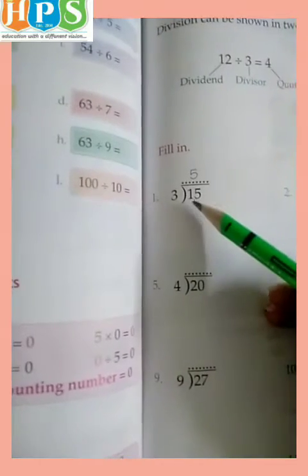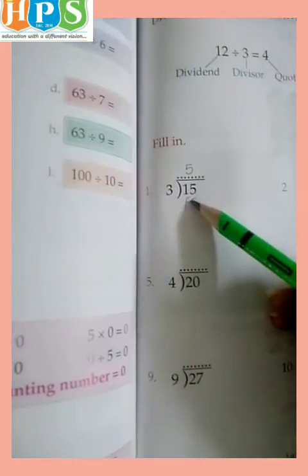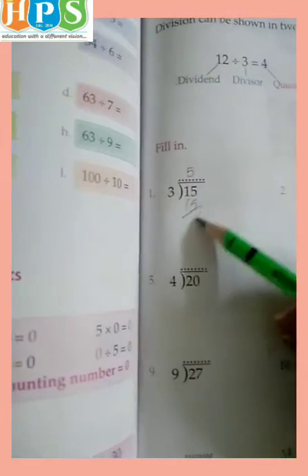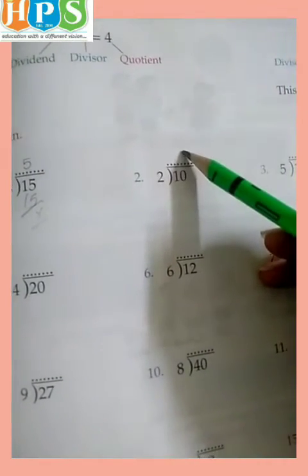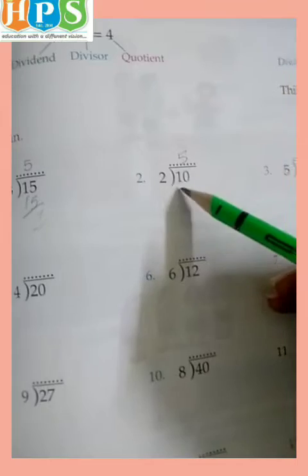Page number 93. 3 5s are 15. 2 1s are 2. 2 5s are 10.